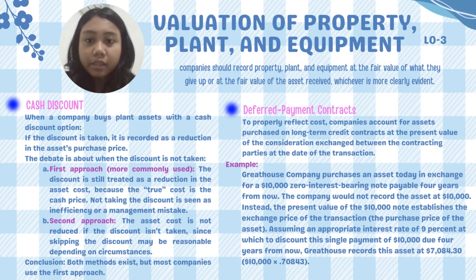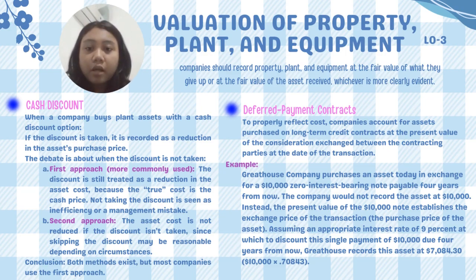And then the debate is about when the discount is not taken. The first approach is more commonly used. The discount is still treated as a reduction in the asset cost because the true cost is the cash price. Not taking the discount is an inefficiency or a management mistake.